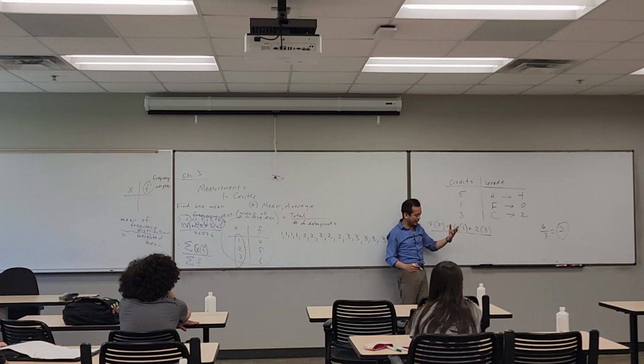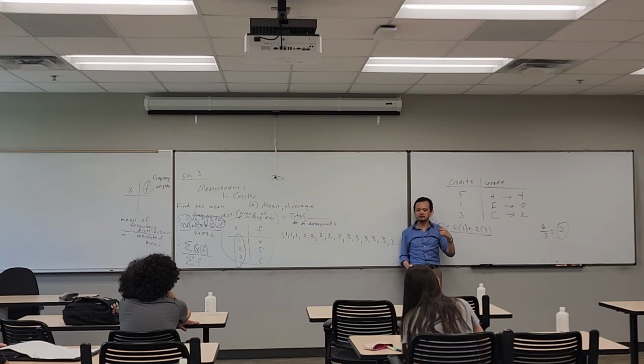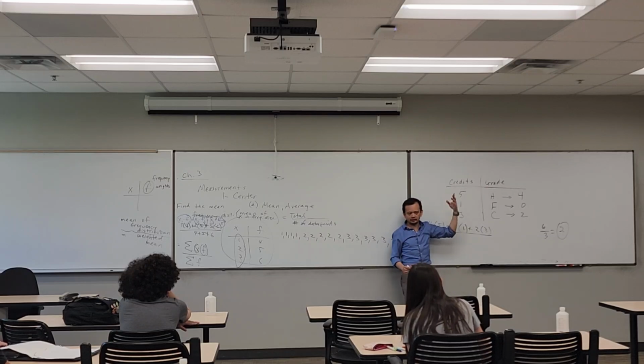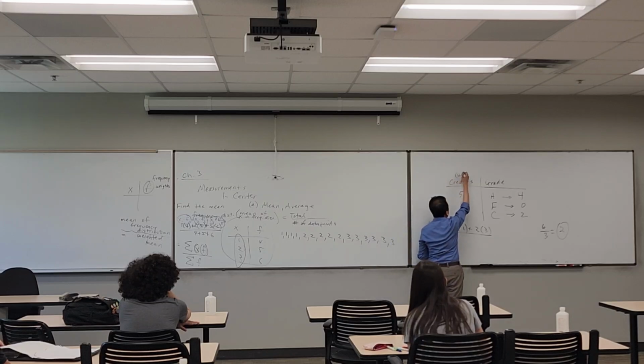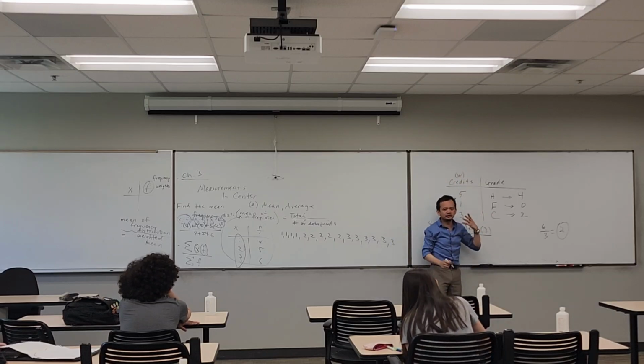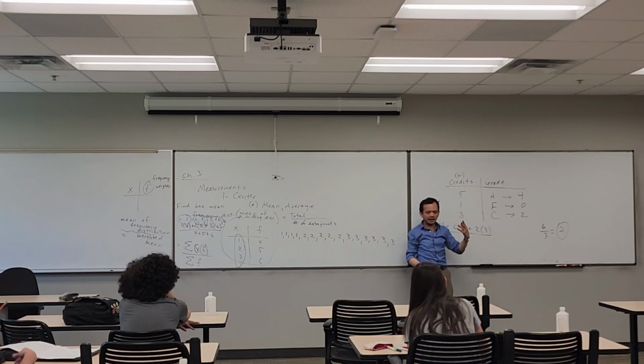It depends on what you're trying to find the average of. Here we're trying to find the average grade, so the column that remains is our weights. The credits are our weights, and the thing we're trying to find the average of, the grade, is our X.